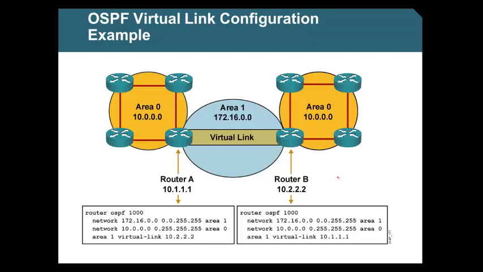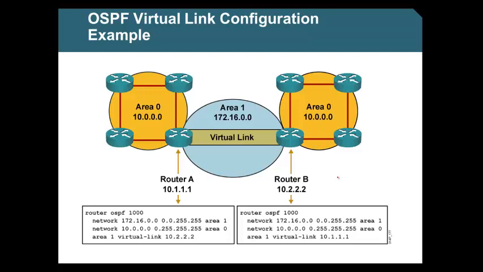Now, your aim is to merge the yellow. For that, you want to make area 1 to be seen as a wire, virtual link, so that this yellow and that yellow will get merged through that virtual link.